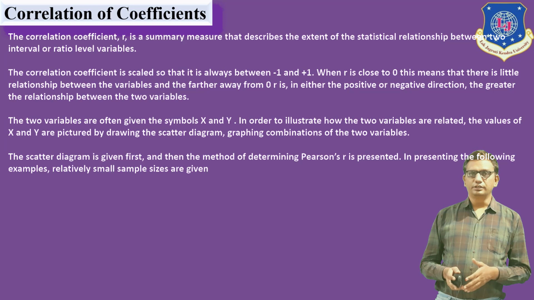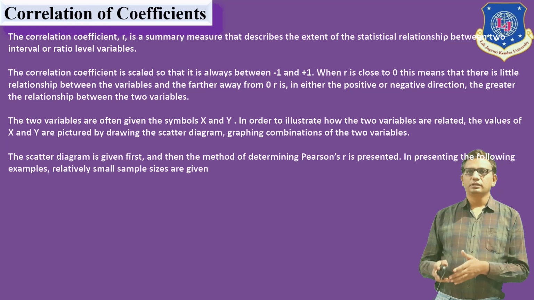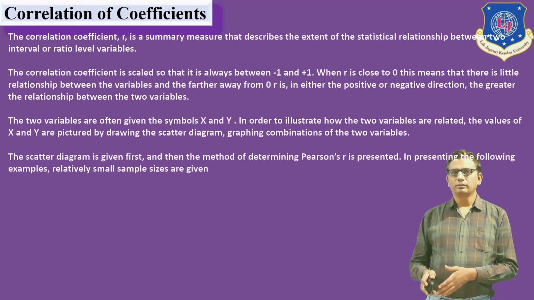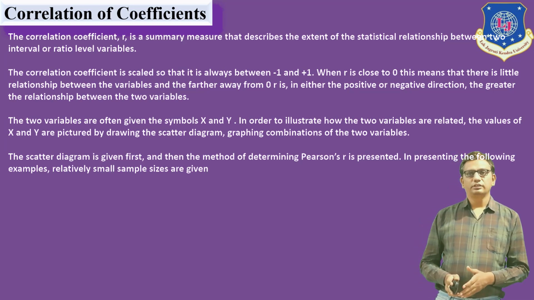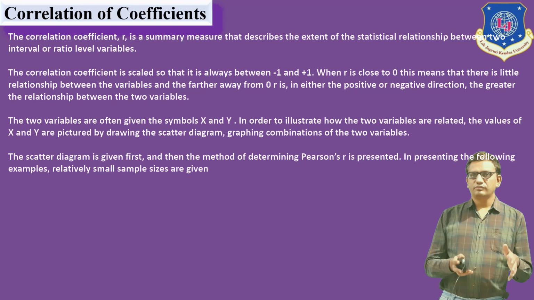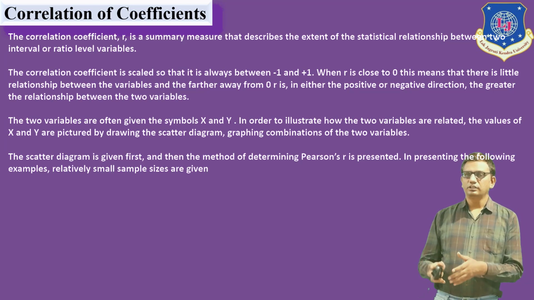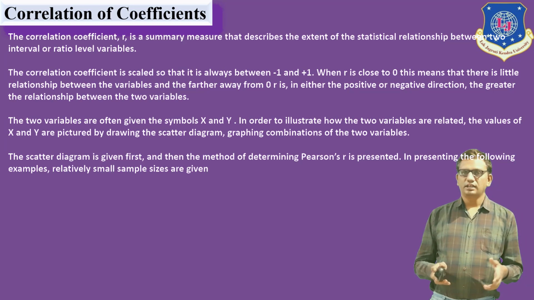positively related data. That means if we have data of one particular item and on the other side we have data of another particular item, if we increase the values of one particular data, simultaneously the other values also increase. In this case we can say that these are positively related.